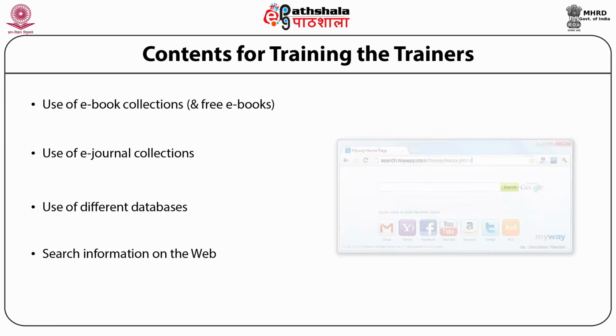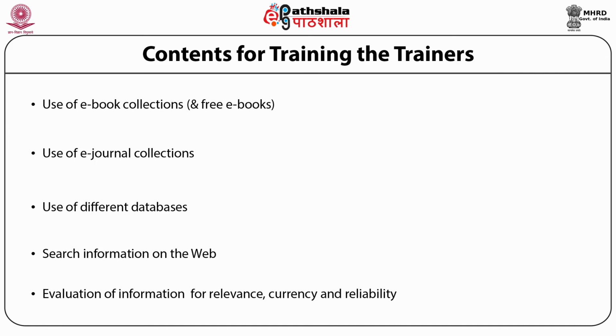Last, but not the least, is evaluation of information for relevance, currency, and reliability. This means how relevant, current, and reliable information can be located from the available sources. The internet provides all sorts of information, right or wrong.